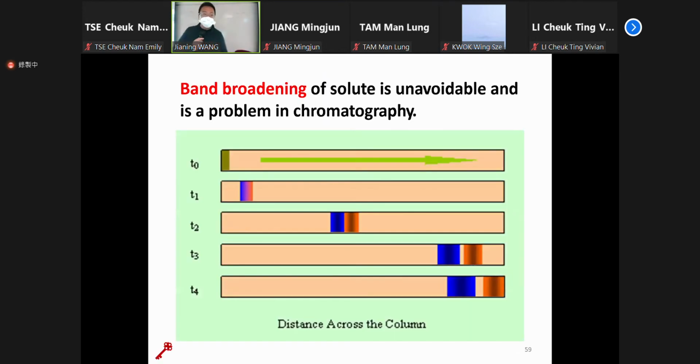Okay. So we already mentioned, and this is a summary. So band broadening of solutes is unavoidable, and it's a problem in chromatography. So this is quite important.